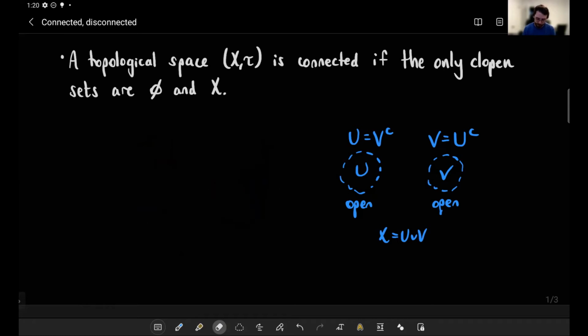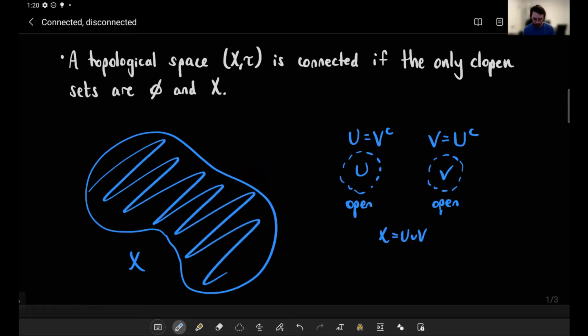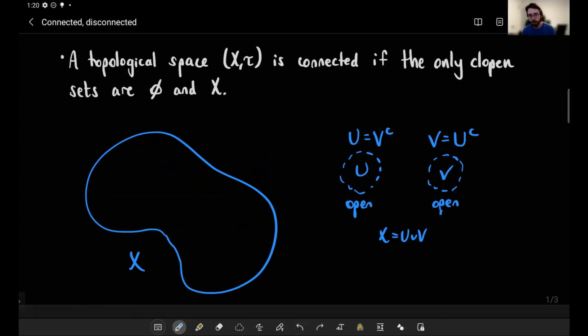Whereas if you had a connected space, so here's some connected blob, then certainly the whole space is clopen, certainly the empty set is clopen, but if I picked any subset here, no matter how I'm drawing it, some subset U can't be clopen, right?